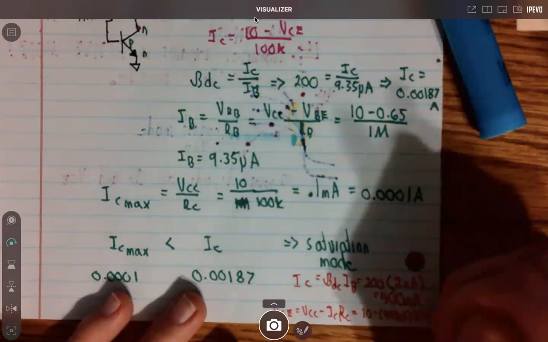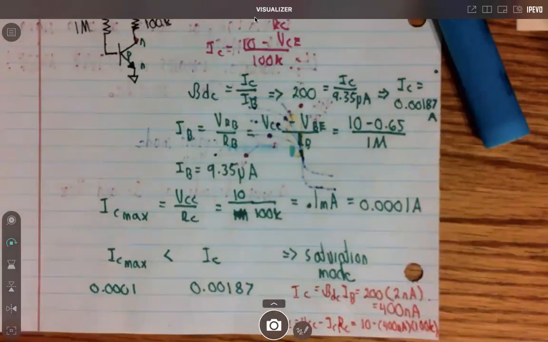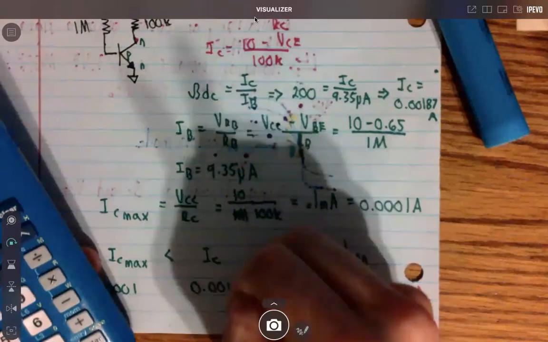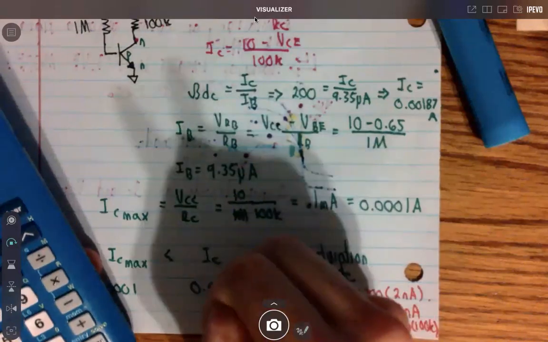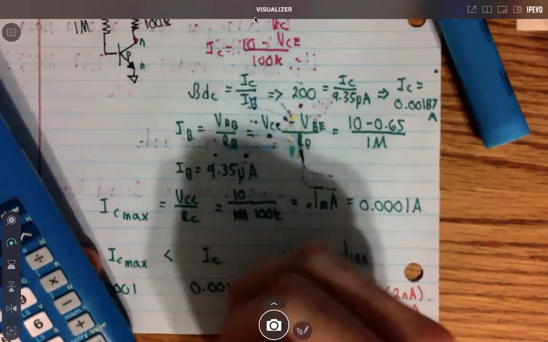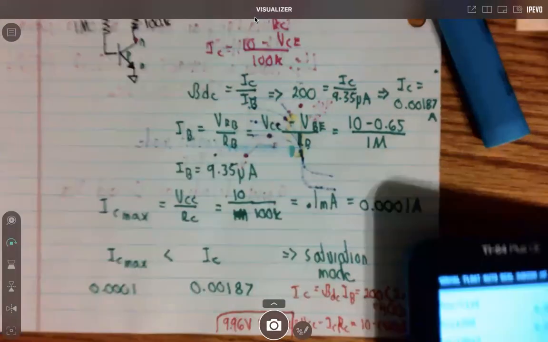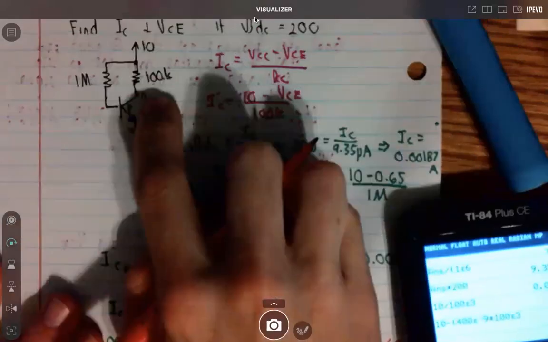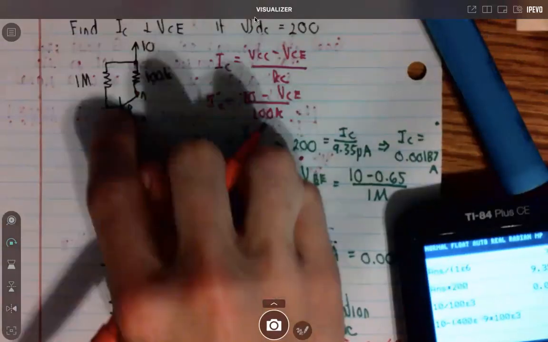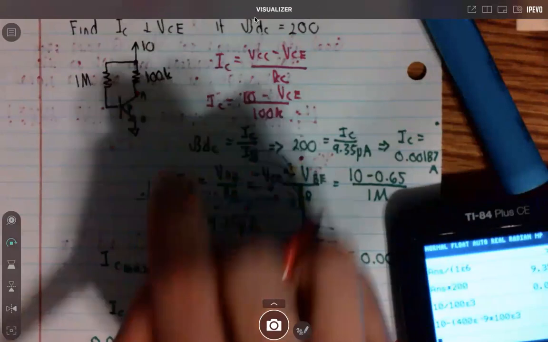So let's do that simple subtraction, 10 minus 400 nanoamps times 100 kilo ohms. I got 9.96. So let me just write that over here since I ran out of room. 9.96 volts. And that makes sense that that is the voltage drop across there because there's such little current going through here in saturation mode that most of the voltage drop will be across the transistor.